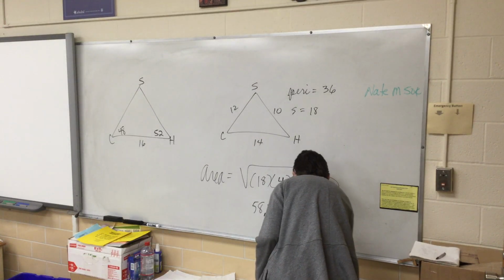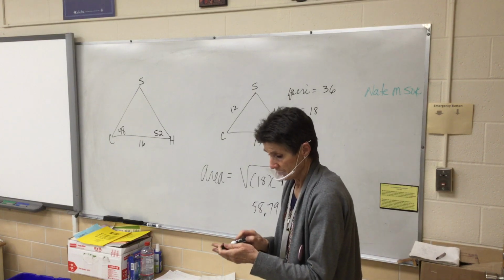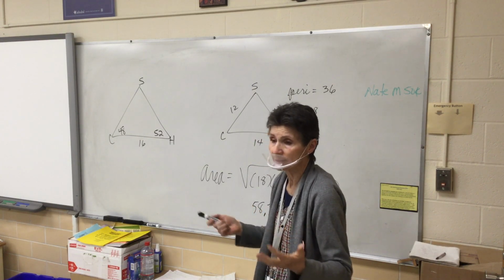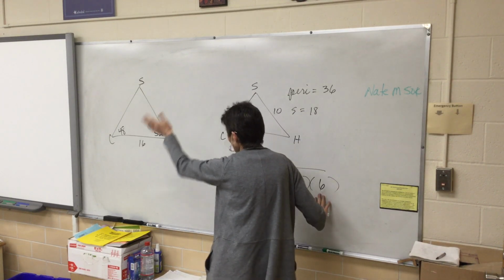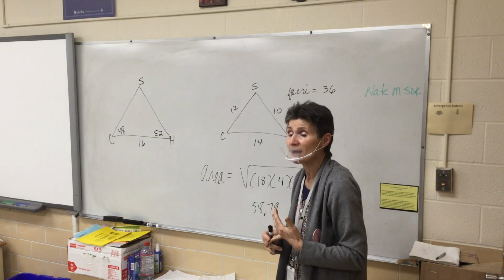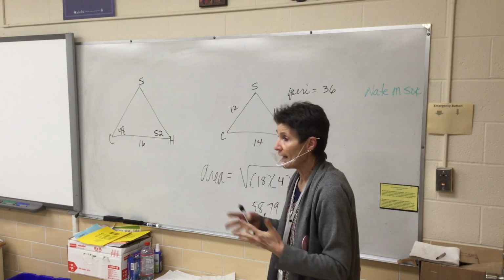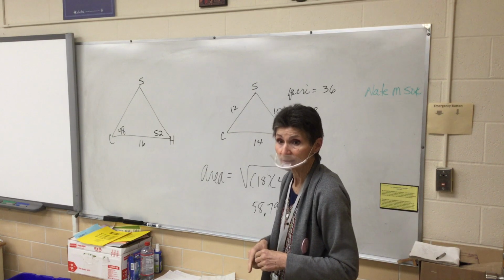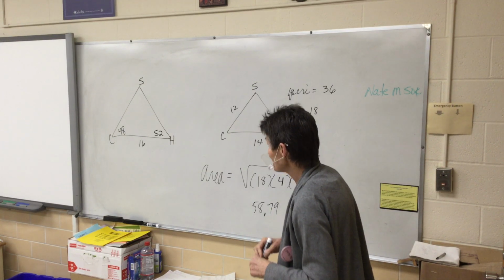In fact, we do not have anything we need to find the area of the triangle, because we can't do this since we don't know enough sides, and we also can't do 1/2 side sine because we don't have 2 sides. So what are we going to have to do? We're going to have to find another side, right? You're going to need to find a side, and that's possible.